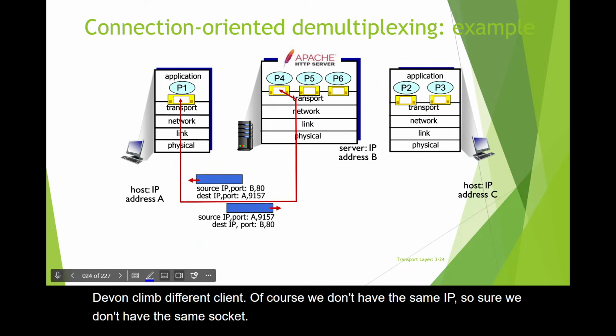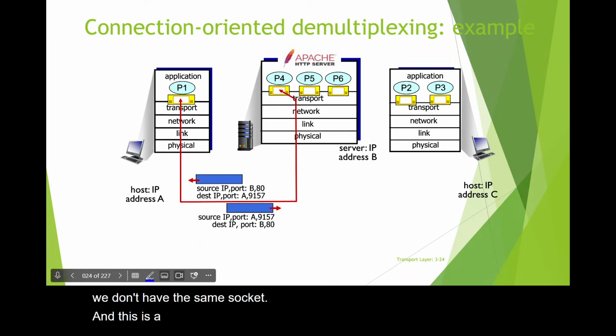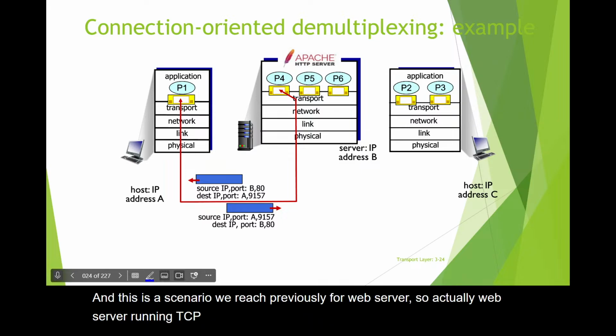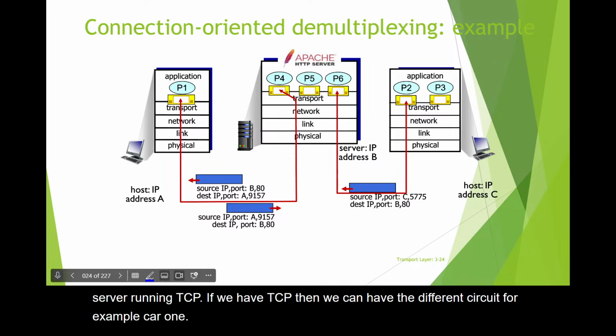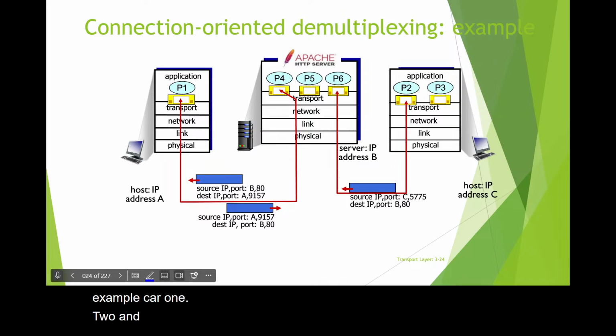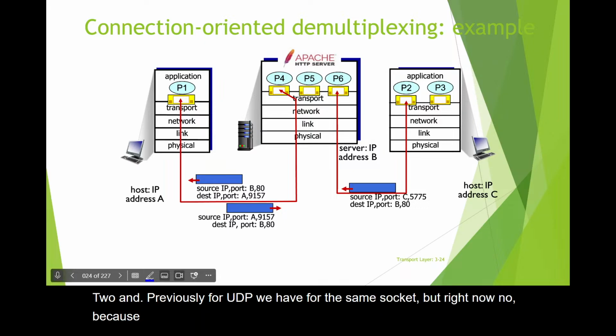And this is a scenario we reached previously for the web server. So actually, the web server runs TCP. If we have TCP, then we can have different circuits. For example, currently client 1 and 2, whereas previously for UDP, we had the same circuit. But right now, no, because we consider the source IP and the source port.